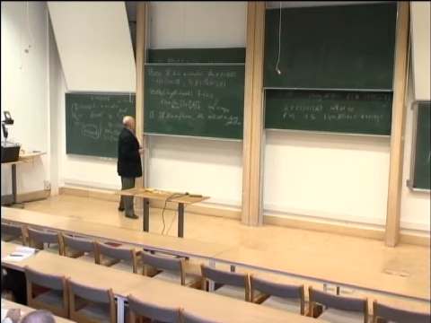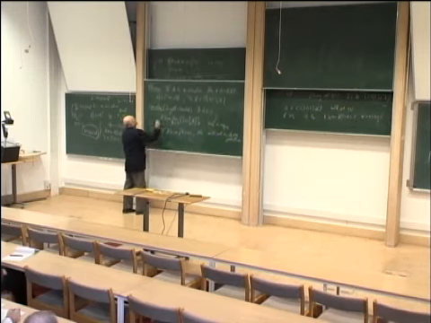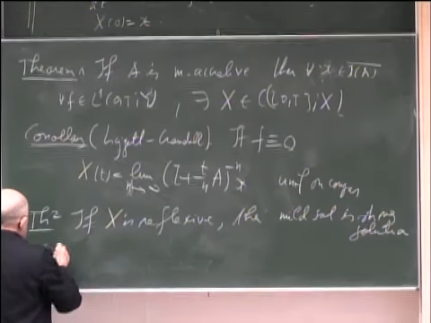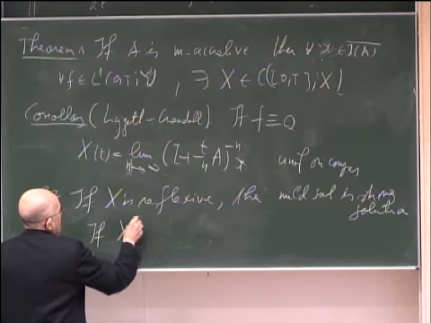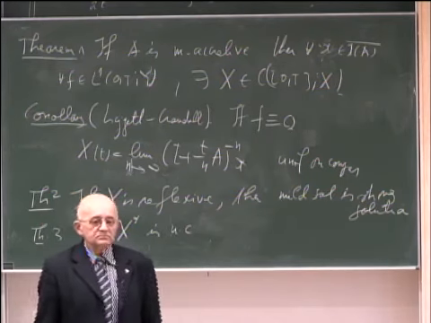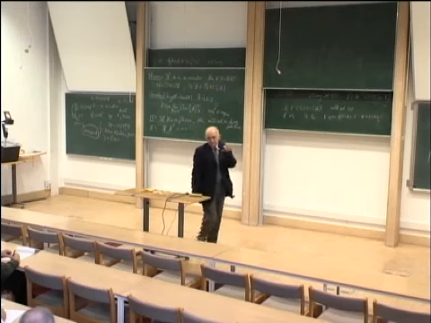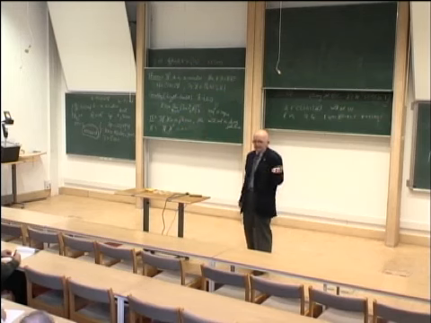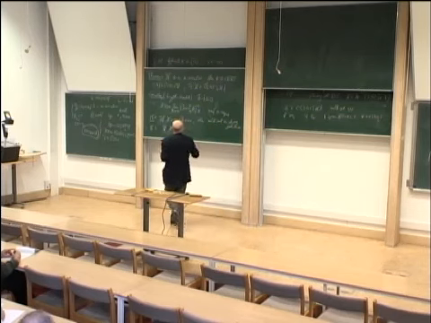Now, let's say theorem 3. If X star is uniformly convex, then of course it is reflexive, so the mild solution is a weak solution.